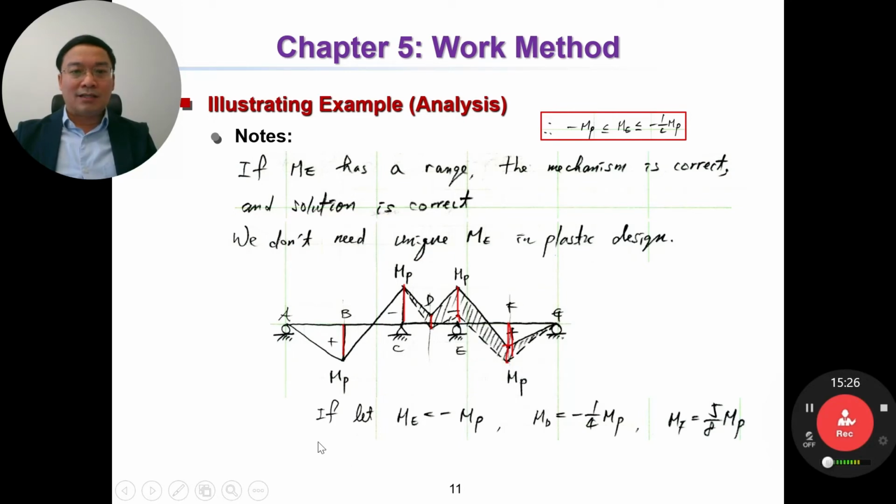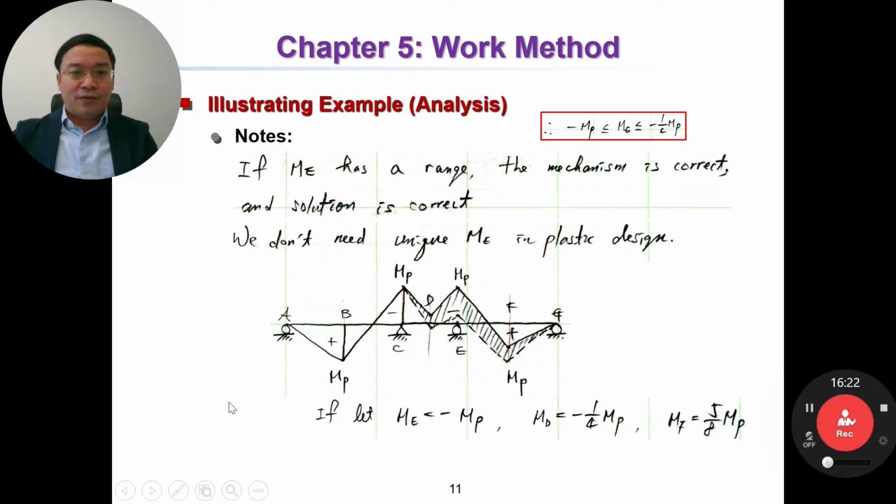So if we let ME equal to minus MP, the lowest value, then MD equals this one, and MF equals this value here, this point. So if we let ME equal to minus MP, this maximum value, then this continuous line is used for the moment diagram.